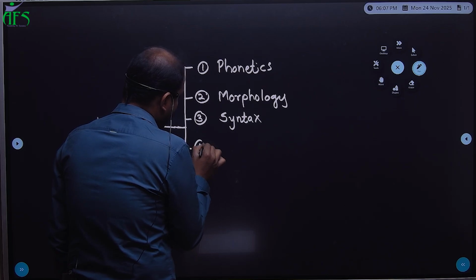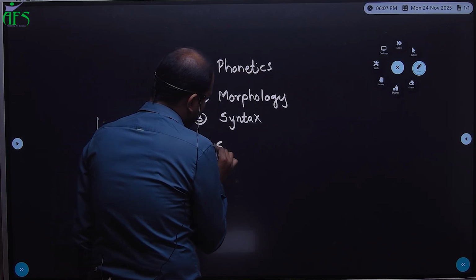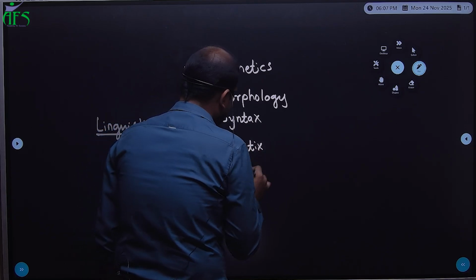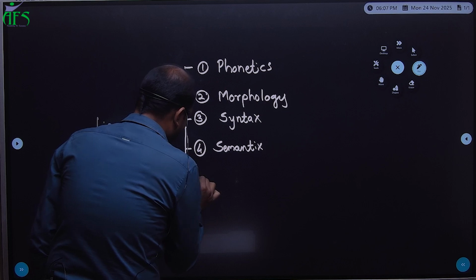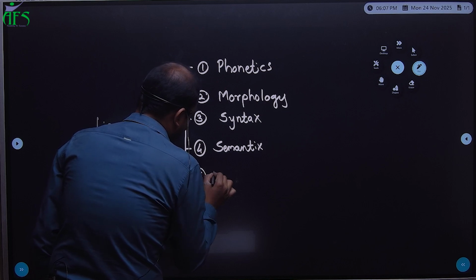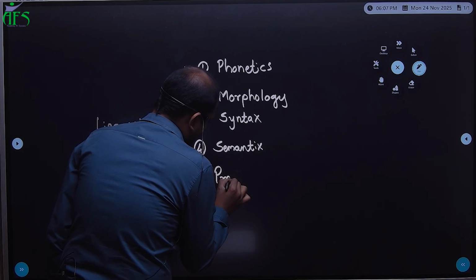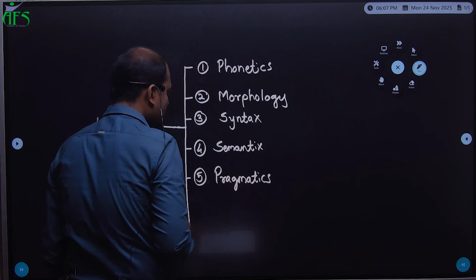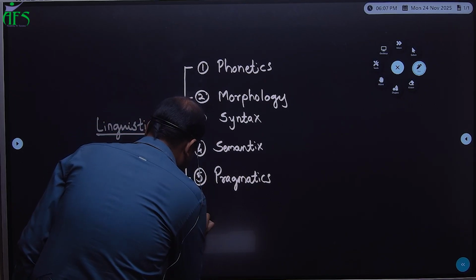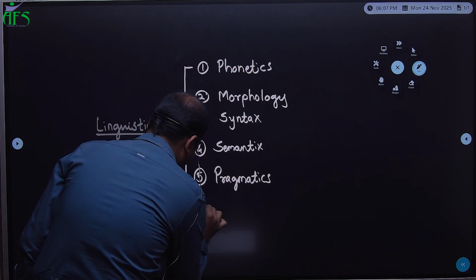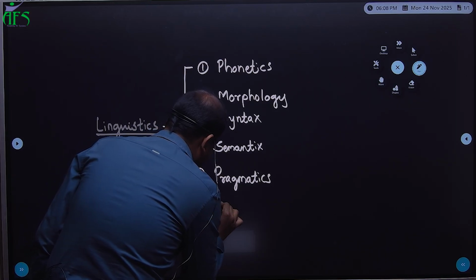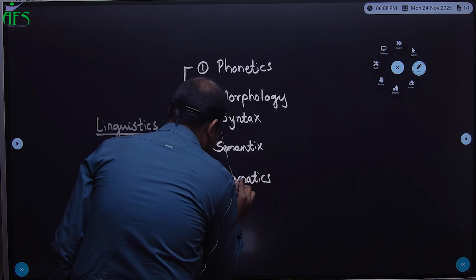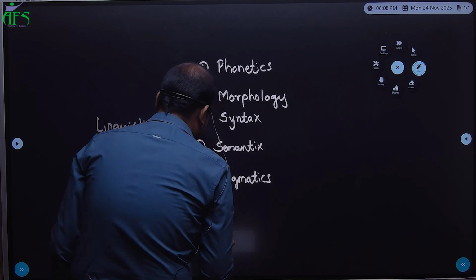Fourth is semantics. Fifth is pragmatics. Sixth, stylistics, or we'll study it separately.